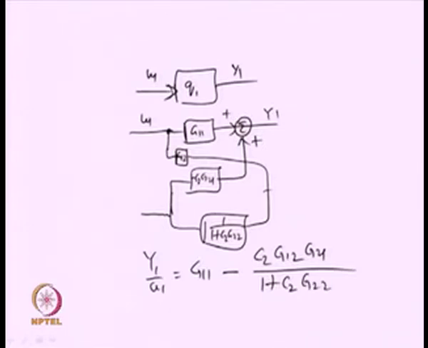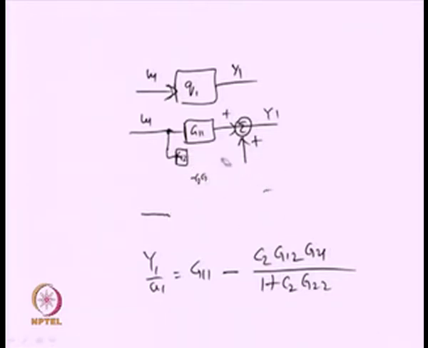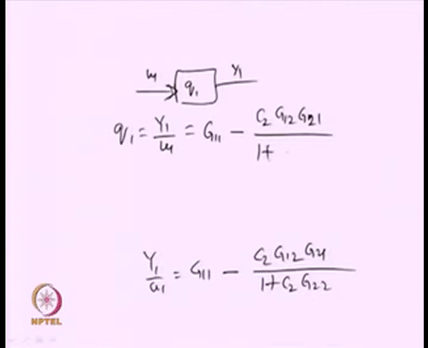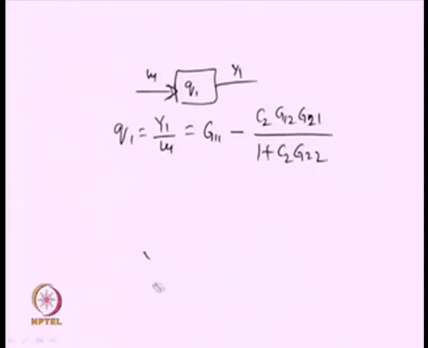Okay. So, this is how, with the help of signal flow graph or block diagram reduction technique, it is not difficult to obtain the expression for Q1. Q1 is equal to the ratio Y1 upon U1, which is equal to G11 minus C2 G12 G21 upon 1 plus C2 G22. Okay. So, this is very important. Why are we doing all this analysis? Please look carefully at the expression for Q1.